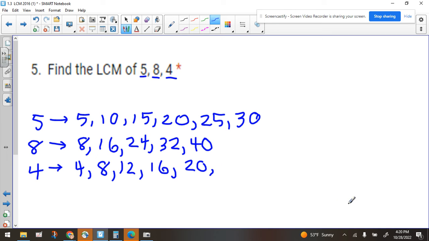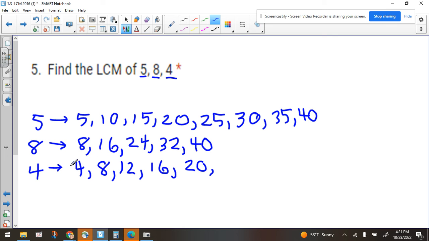Now, if we don't have any matches, then you should keep going with your list of 5. So let's go back to the list of 5. So 5, 10, 15, 20, 25, 30, 35, 40. Now, do you see how 40 is a match in this set? So let's see if it's also a match in the list for 4.